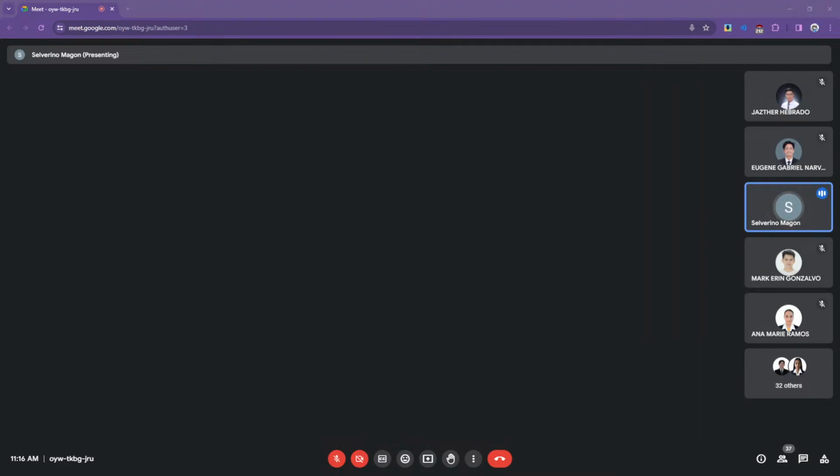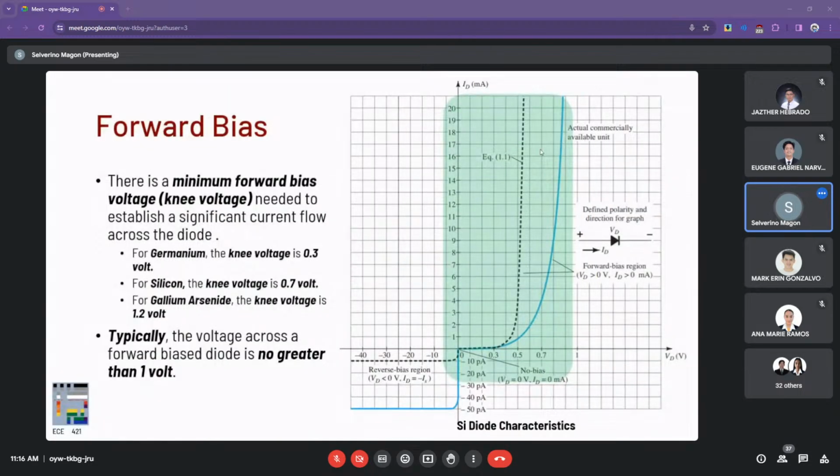So you're going to have to somewhat recall these three things: 0.3 for germanium, 0.7 or thereabouts for silicon, and some value greater than 1 volt for the compound semiconductors.